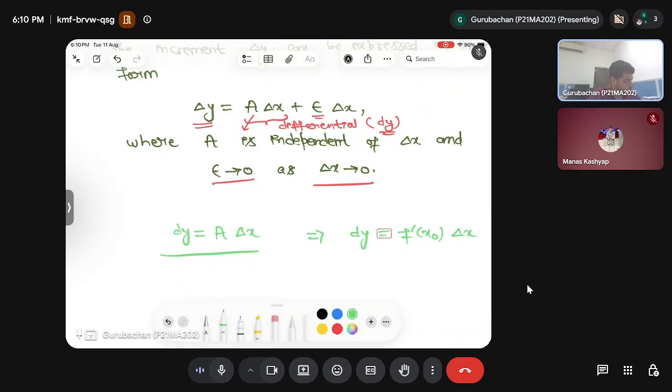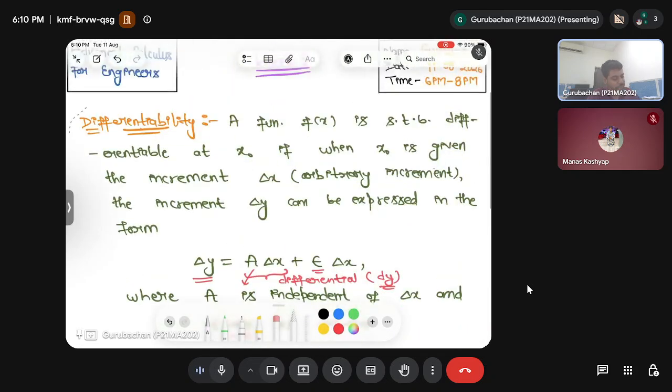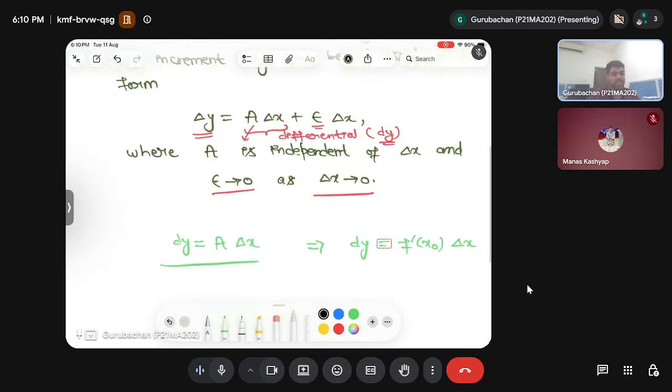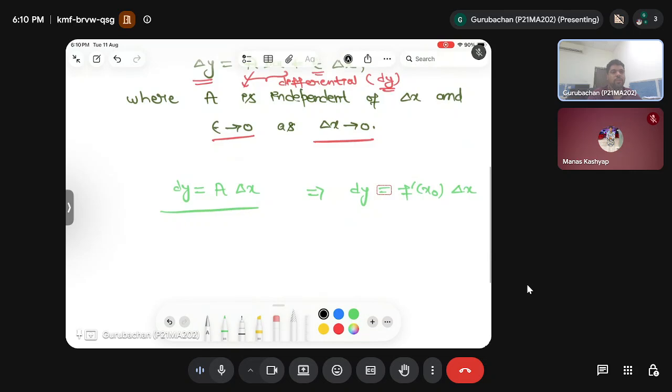Now the next question arises: we cannot always apply this kind of definition. We can directly see in which condition the function is differentiable. That means, what will be the necessary and sufficient condition for a function to be differentiable at a point? Any guess?